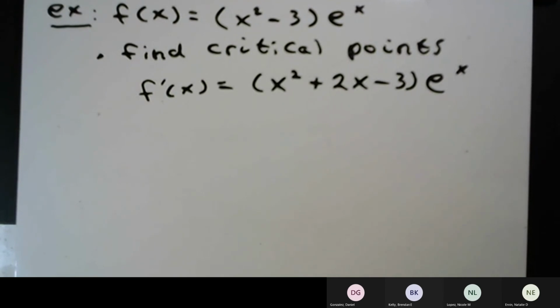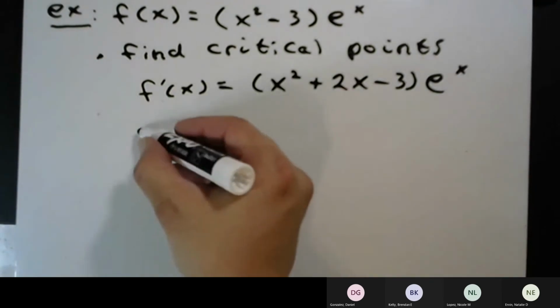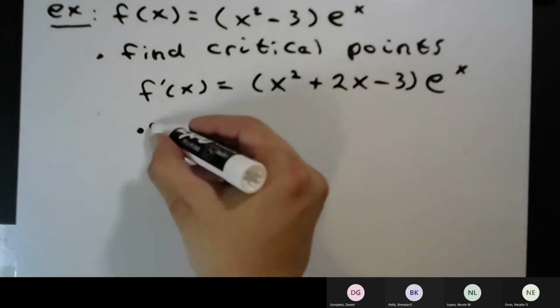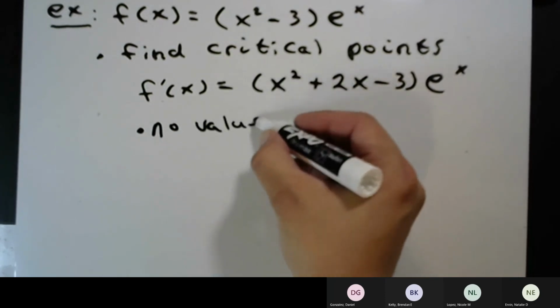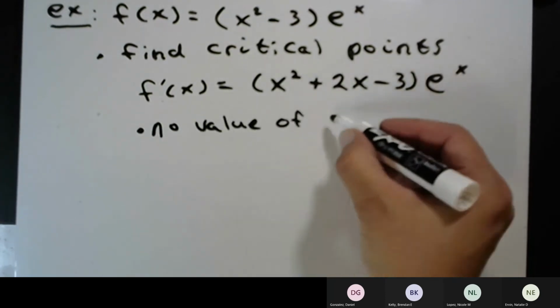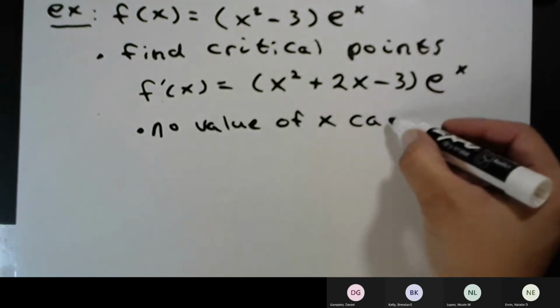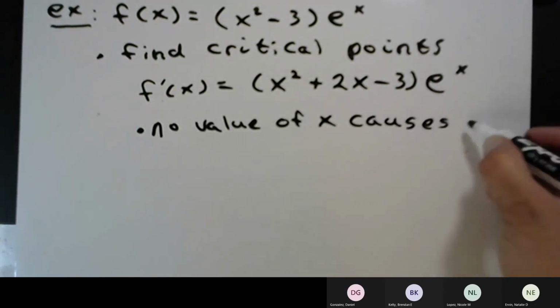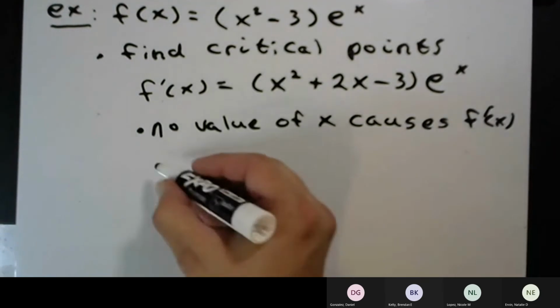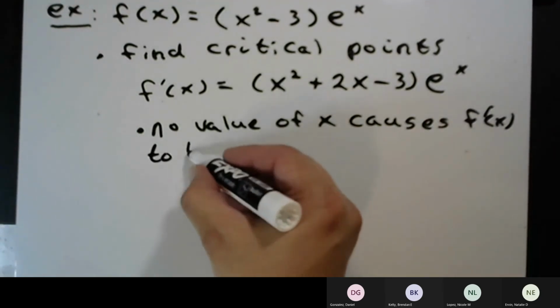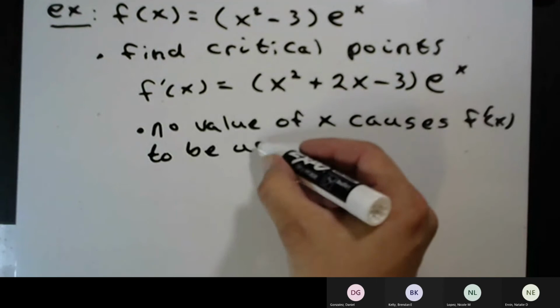Now, if we take a look at this, there's no value of x that's going to cause f prime of x to be undefined.